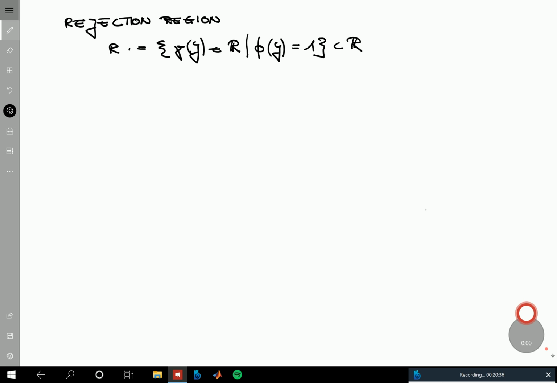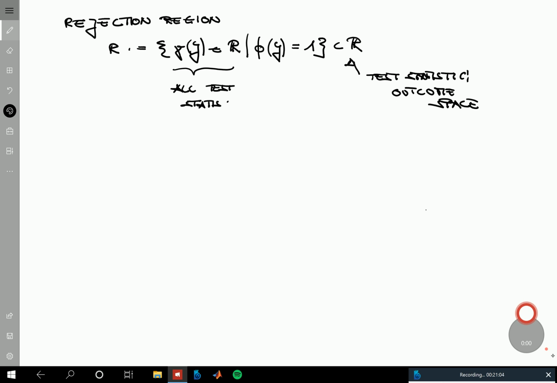So that's essentially the test statistic outcome space, and these are all test statistic values such that the test rejects the null.